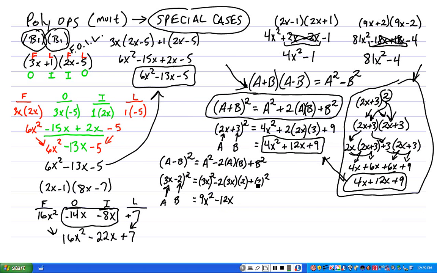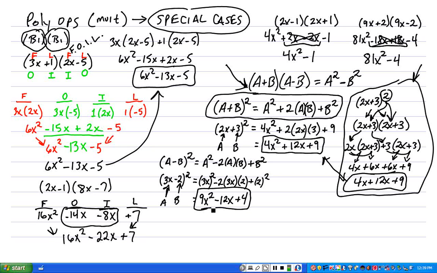And plus 4. So our answer is 9x squared minus 12x plus 4.